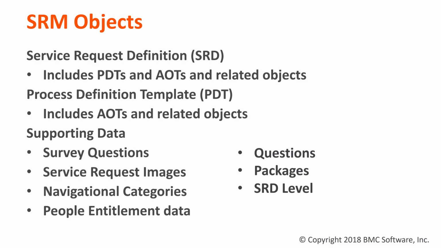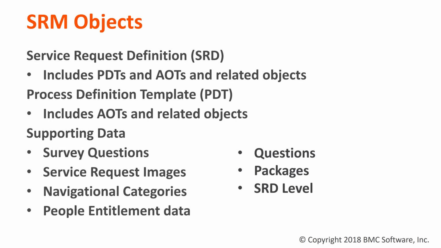Then the second option, process definition: the definition template refers to a PDT, and if selected, it would export with it the application object templates, referred to as AOTs, and again, their related objects.